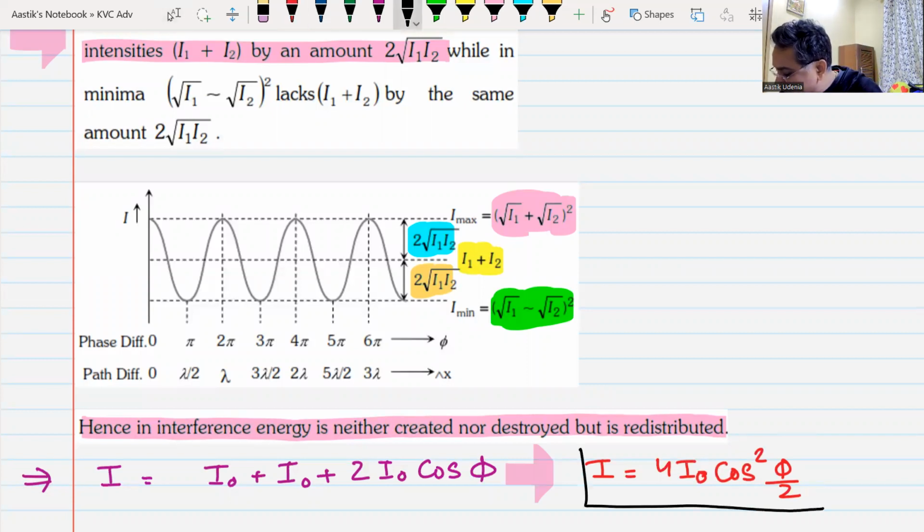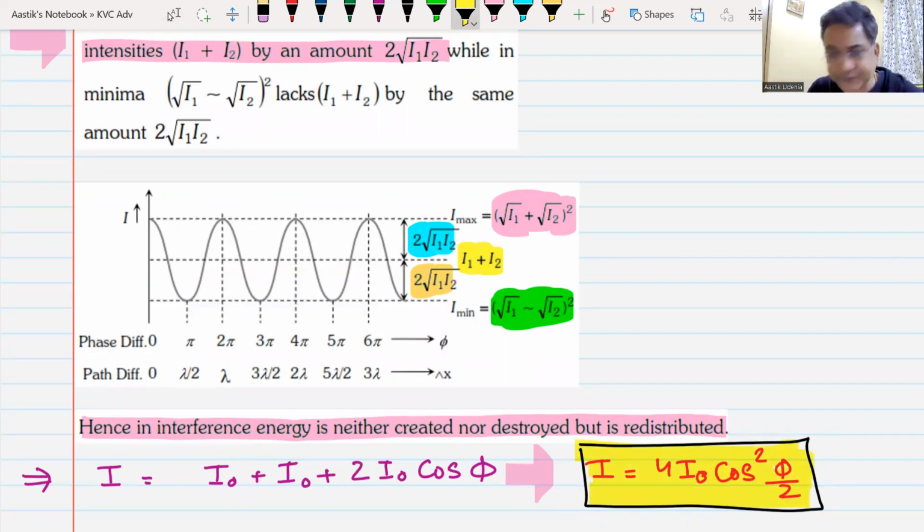Yes or no? So remember this form of intensity as well, where intensity of both the waves are same. You can write the formula in this fashion also. I hope we have understood this, yes or no? Yes, sir.